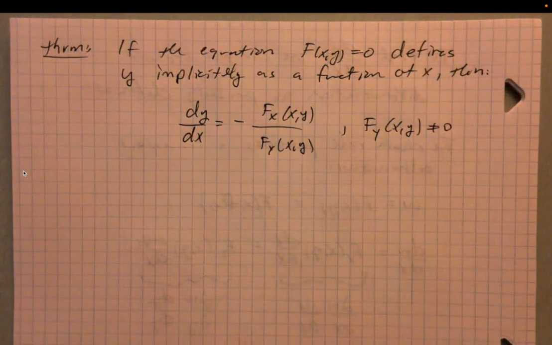How slick is that? That's very nice. You can always differentiate these things implicitly, but if the partials are easier to identify, then this is a quicker way to do it.